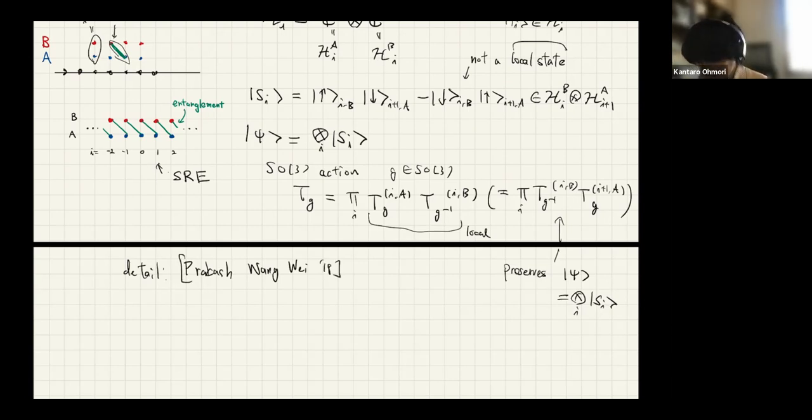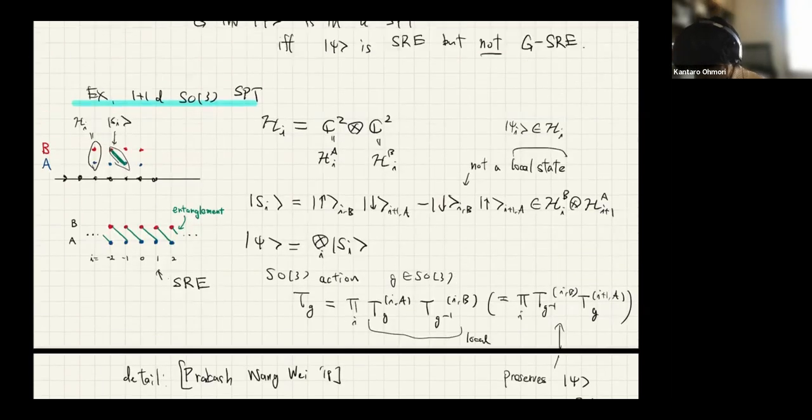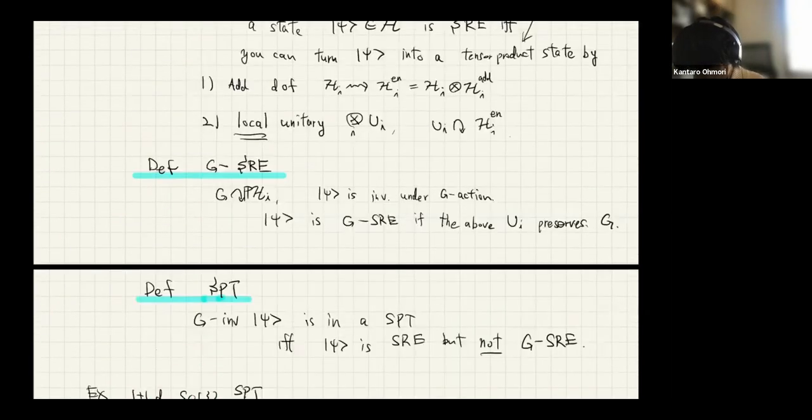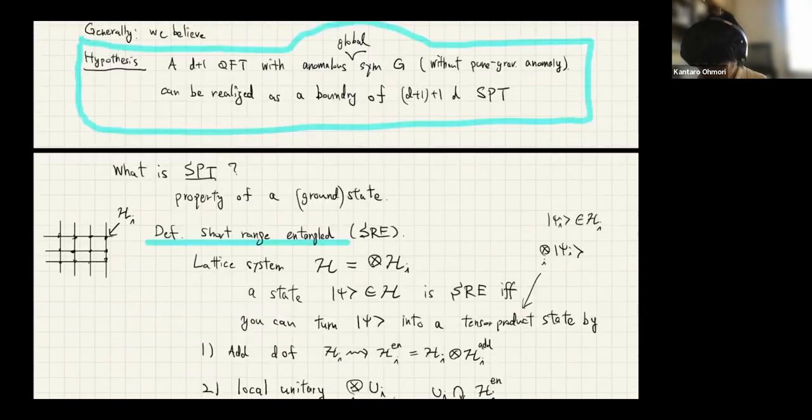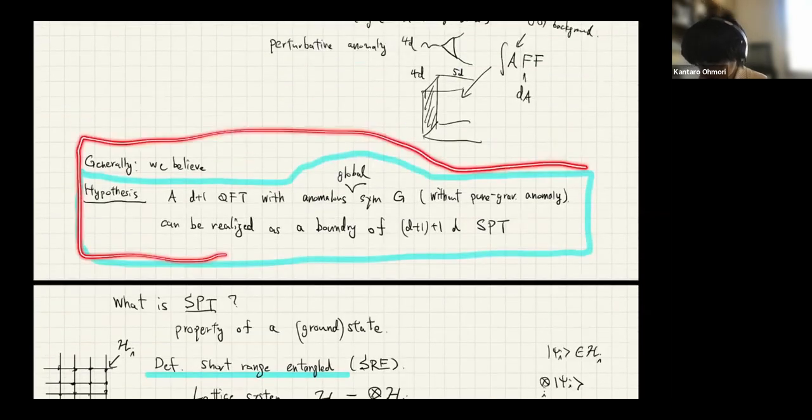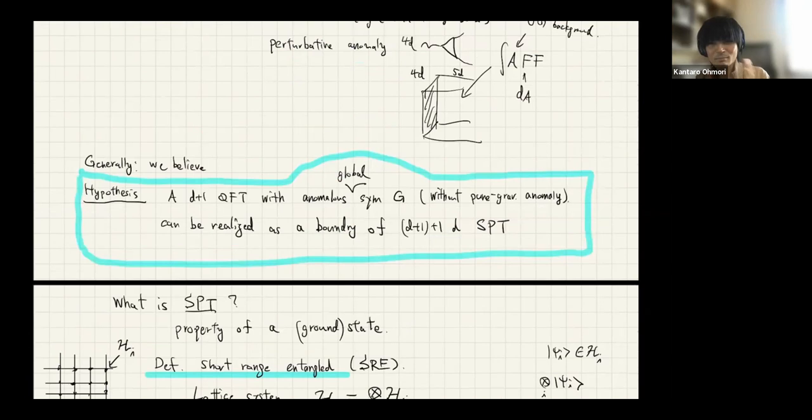But let's see that this realizes this hypothesis, that on the boundary there has to be some 0 plus 1 dimensional system that magically appears.